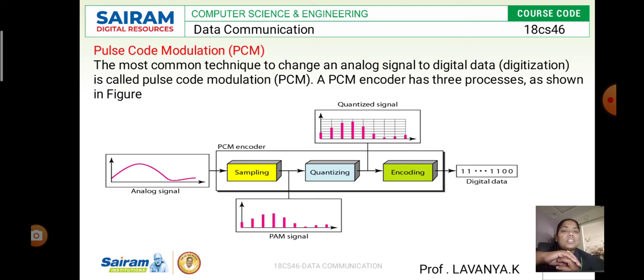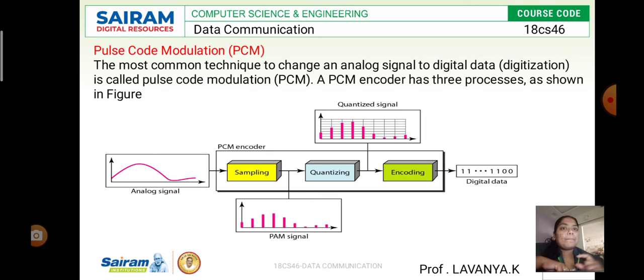Then what is sampling? Sampling means that, at a given interval of time, we divide the analog signal vertically, and each division is called a sample.